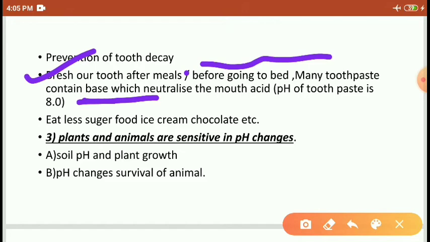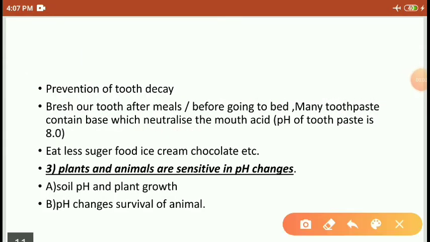That's why you have to brush. Right, students? Toothpaste has a pH of 8.0, which neutralizes the acidic level in our mouth. And one more suggestion: eat less sugar, less ice cream, less chocolate.